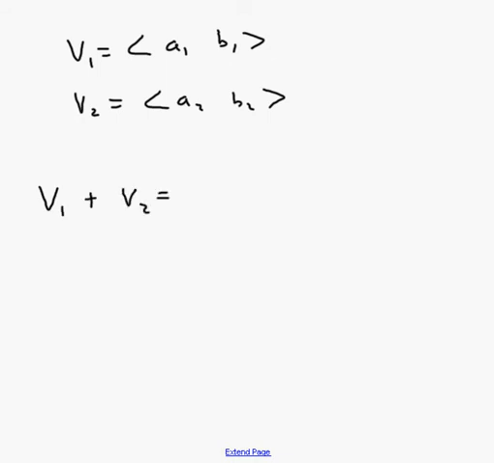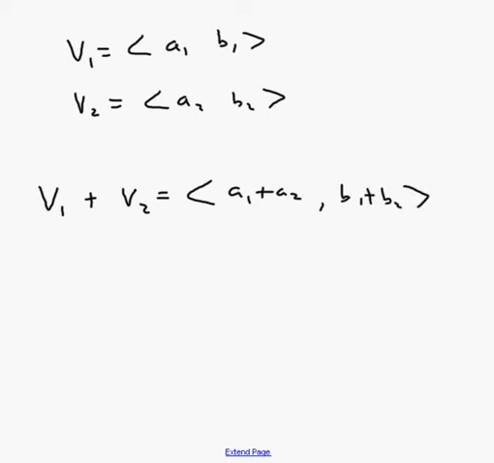Okay? Let's just formalize things a little bit, right? So if you have a vector, we'll call it v1, whose components are a1, b1, and you have another vector v2, whose components are a2, b2, then the sum v1 plus v2 is just a1 plus a2, comma, b1 plus b2.